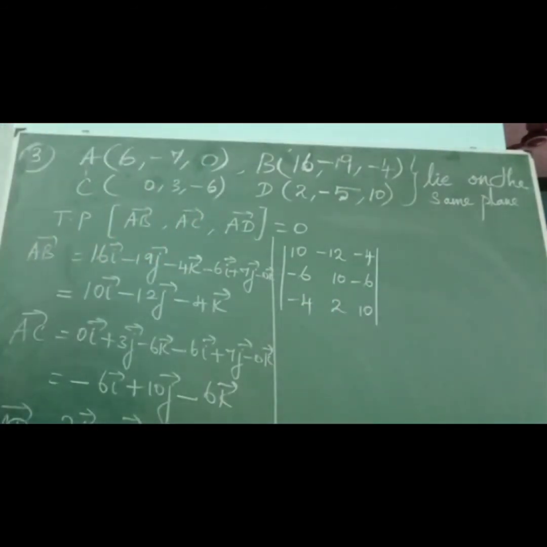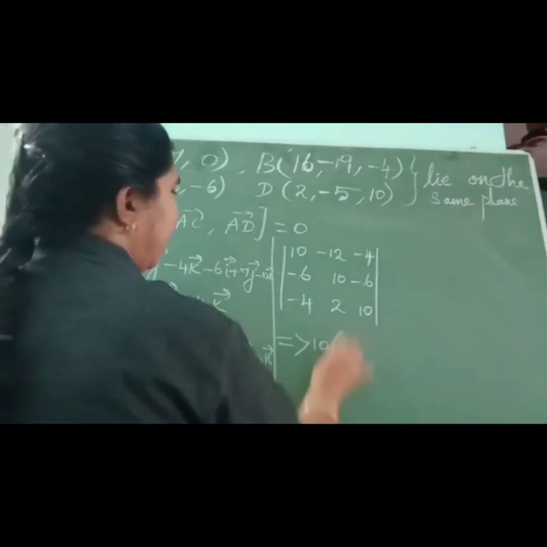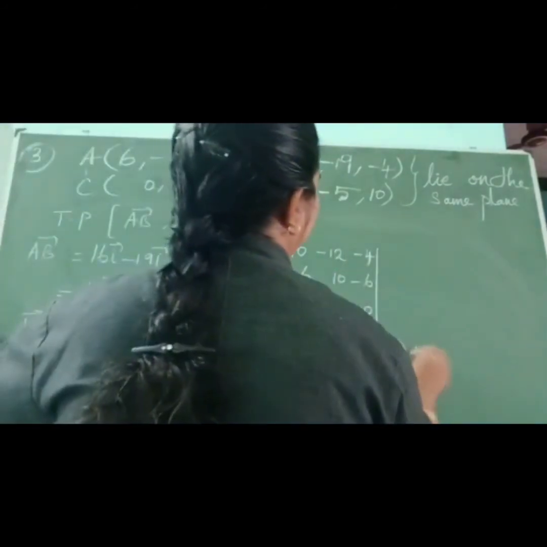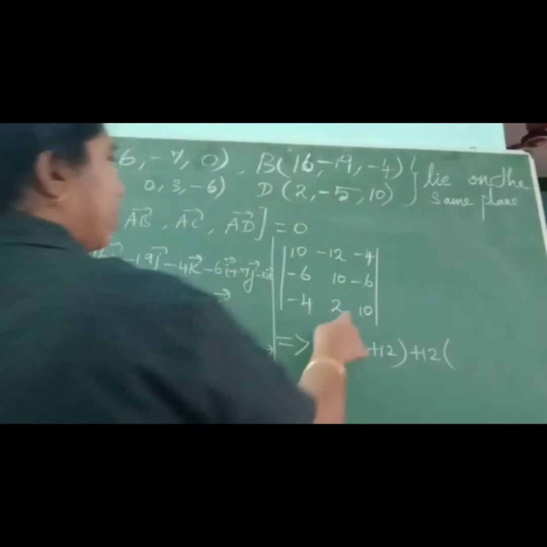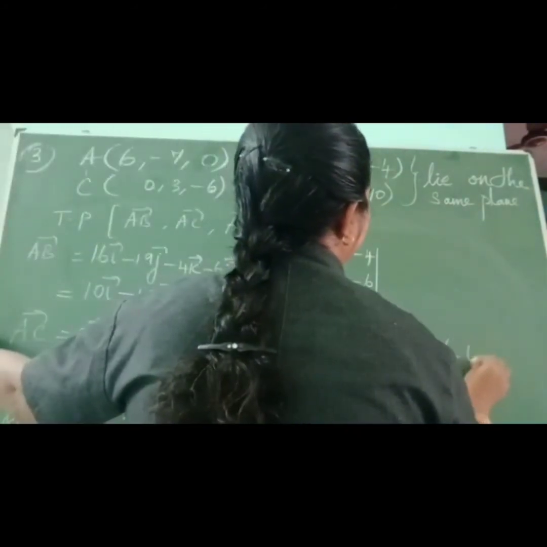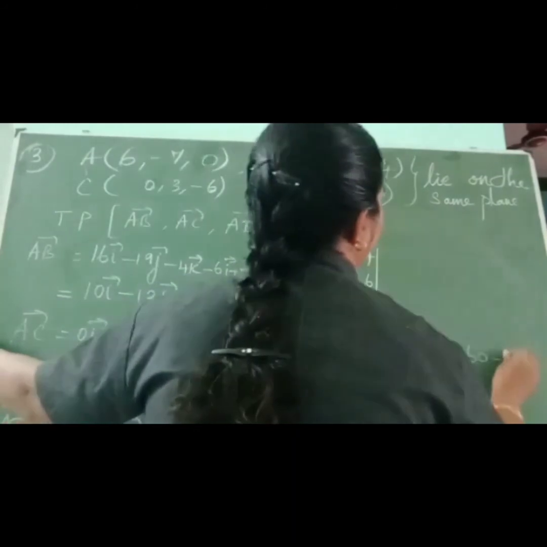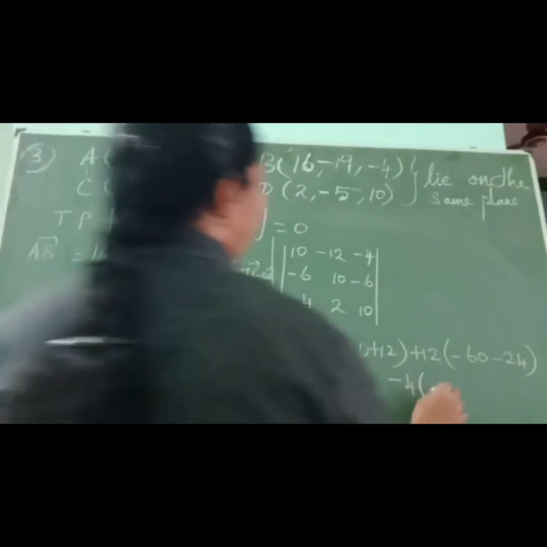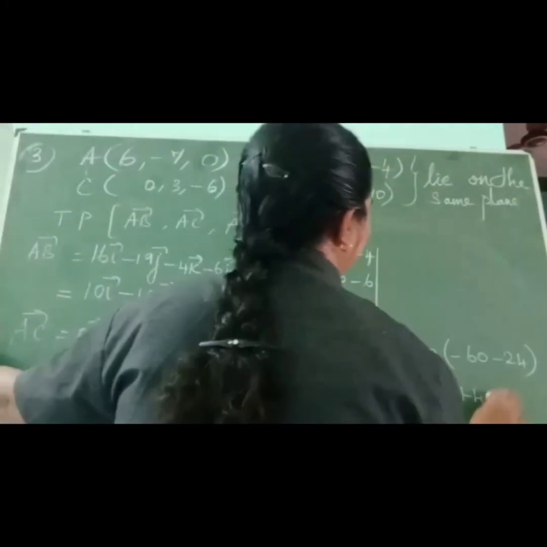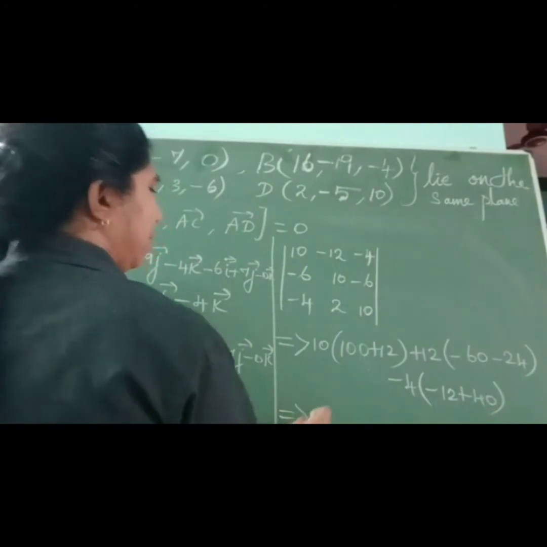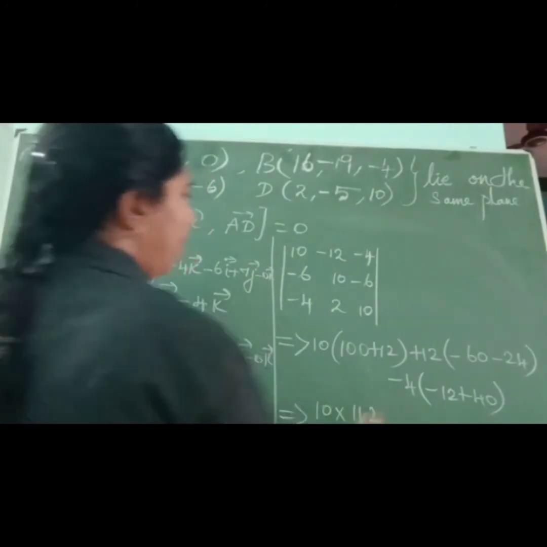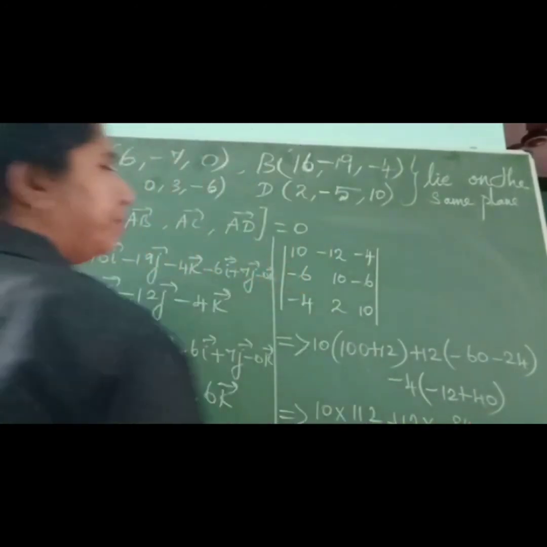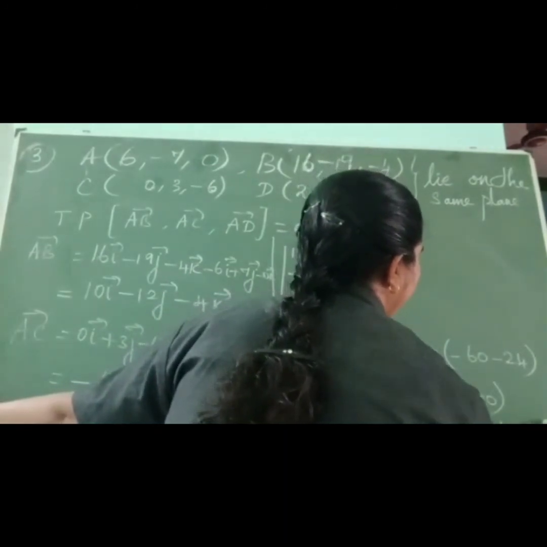Now you can expand this determinant. 10 into 100 plus 12, plus 12 into minus 60 minus 24, minus 4 into minus 12 plus 40. So we are getting 10 into 112, plus 12 into minus 84, minus 4 into 28.